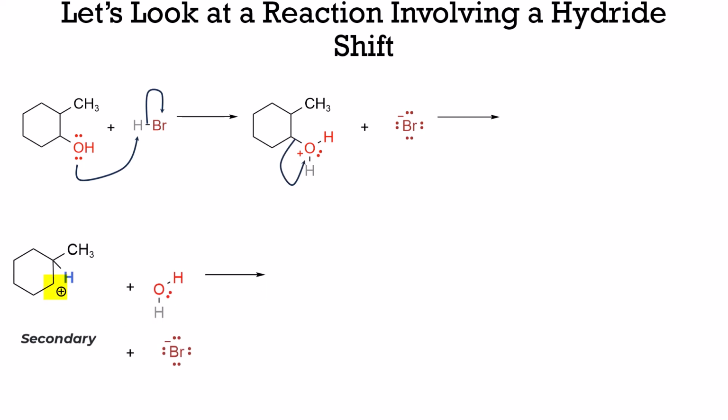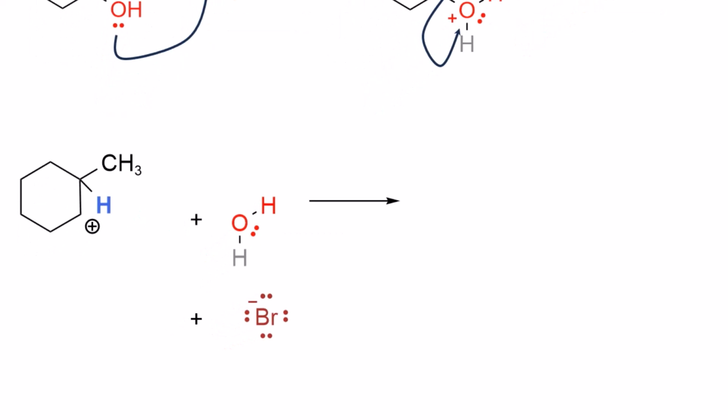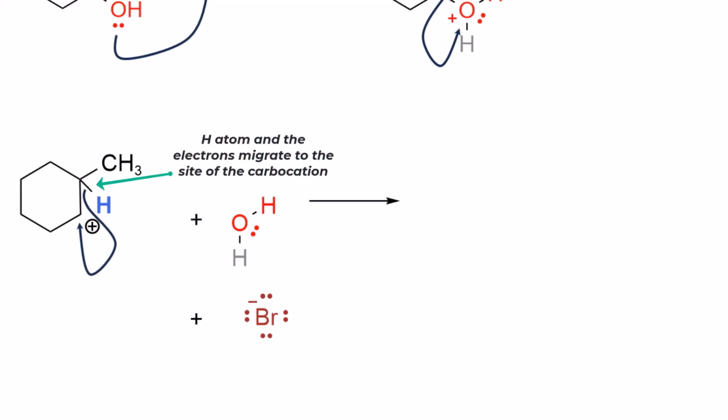The carbocation is secondary. The carbon next to it is tertiary. So the idea is that I could potentially put the positive charge on a tertiary carbon and take it off the secondary carbon, making it more stable. How could I do that? Well, I have the hydrogen highlighted in blue. I could take that hydrogen and the pair of electrons in the carbon-hydrogen bond and move the whole atom and the electrons towards that carbocation, making a C-H bond right where the carbocation is.